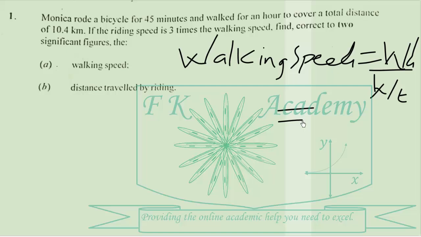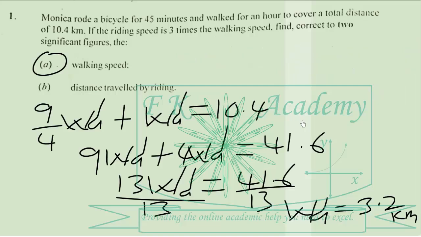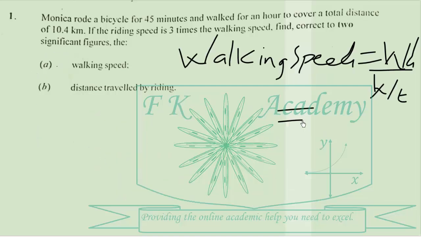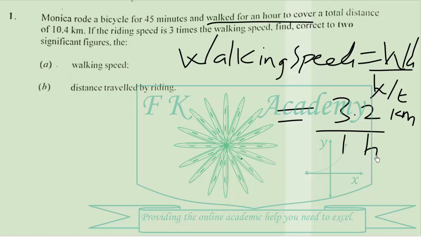The walking distance is what we just found, 3.2. So that will be equal to 3.2 kilometers over walking time, which is 1 hour. So the walking speed is 3.2 kilometers per hour.